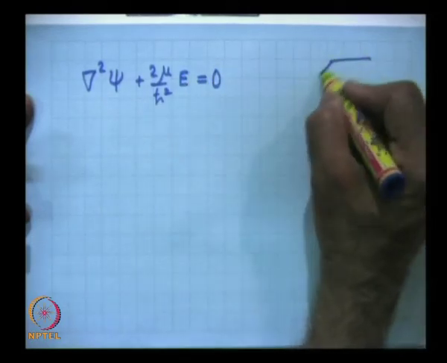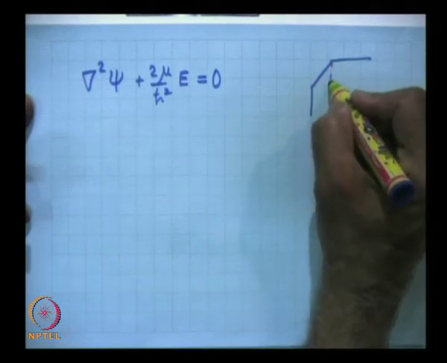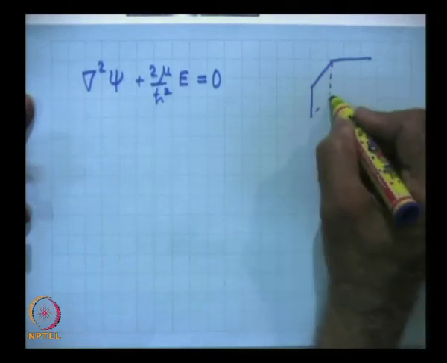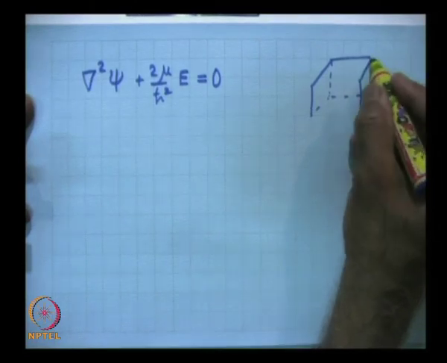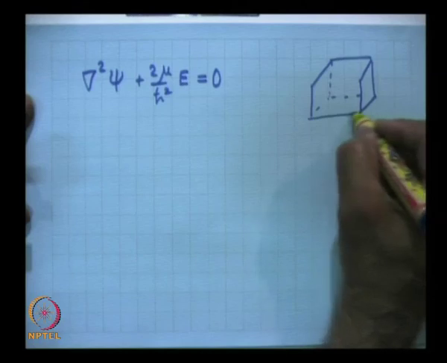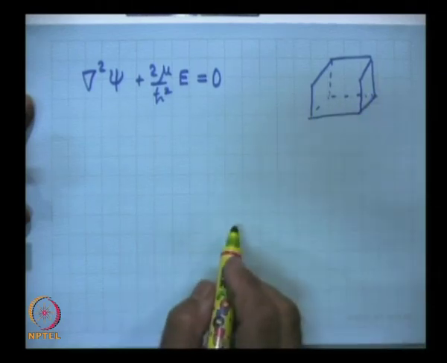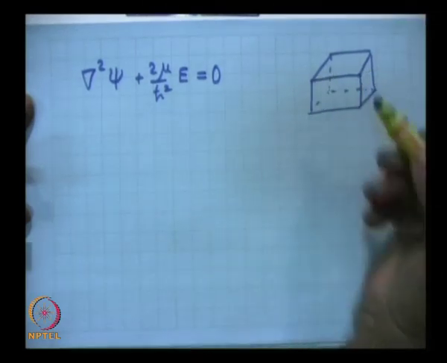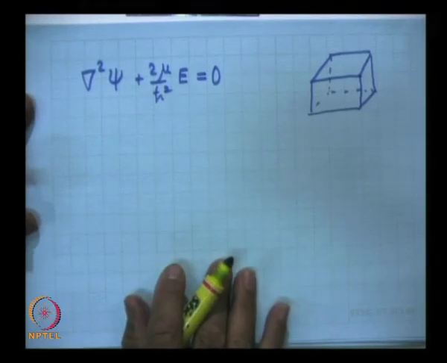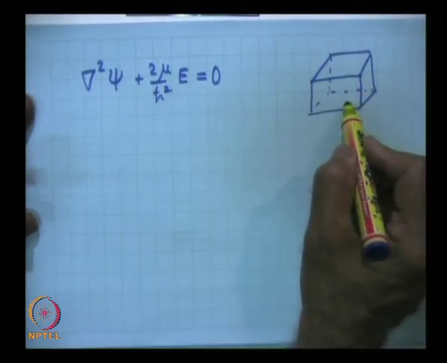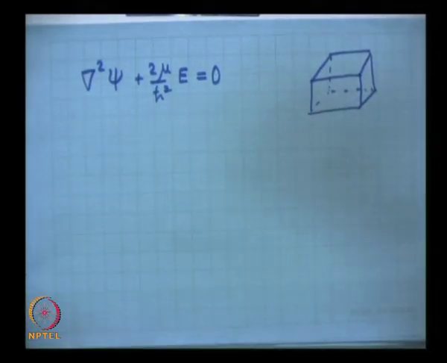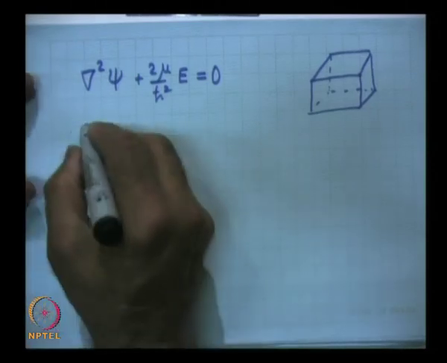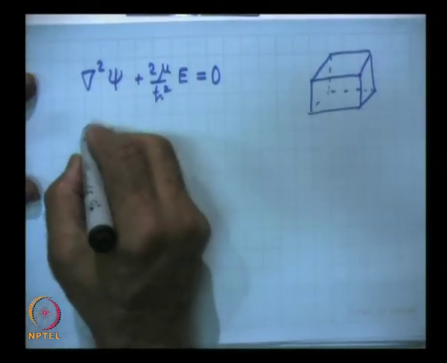We considered a box which is of length L, height L and width L, so this is the box that we had considered, and this is an infinitely deep potential well. So, the wave function vanished at each point on the surface.